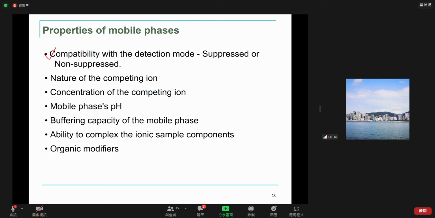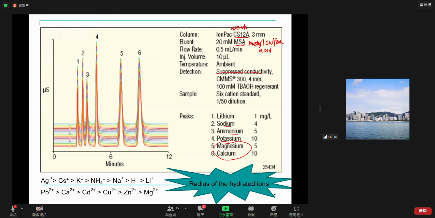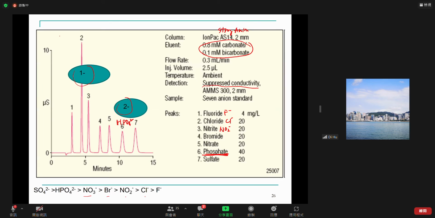The buffering capacity of the mobile phase, of course, is why you have sodium carbonate and bicarbonate, that's a buffer, right? Because we know the pH of the mobile phase can change the nature of some ions as well. For example, here is such an example.